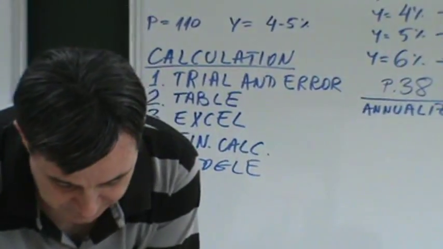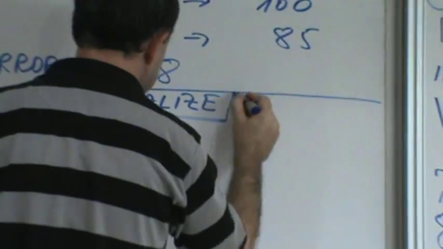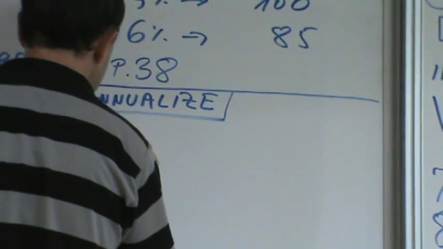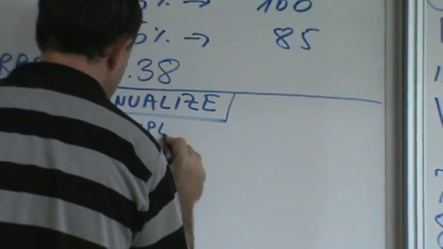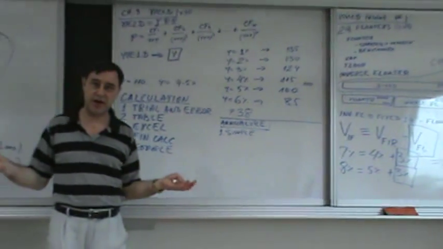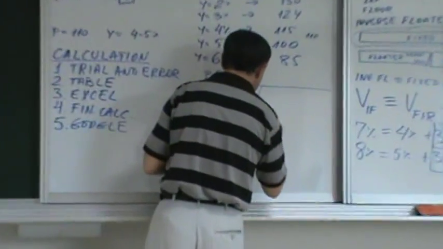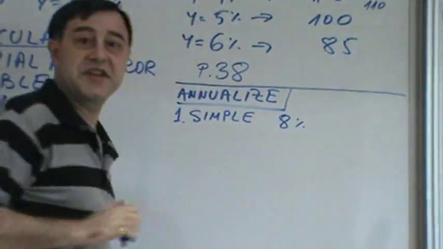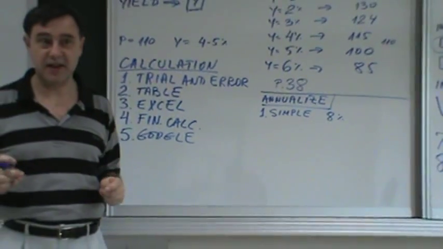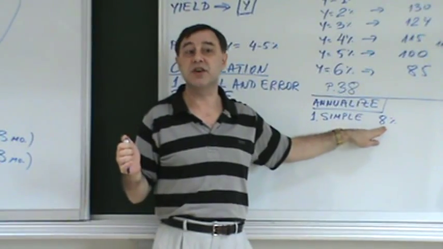You have a number of different interest rates. First one is called simple interest rate. And they can give you a simple interest rate of, for example, 8%. When I have a simple interest rate, that's it. They just tell you it's 8% a year.